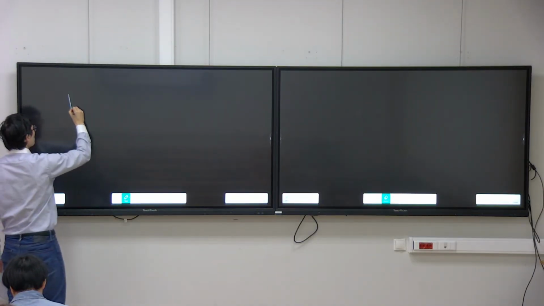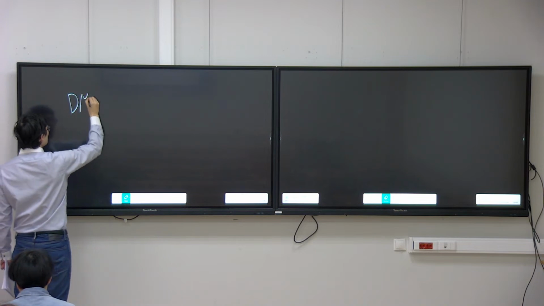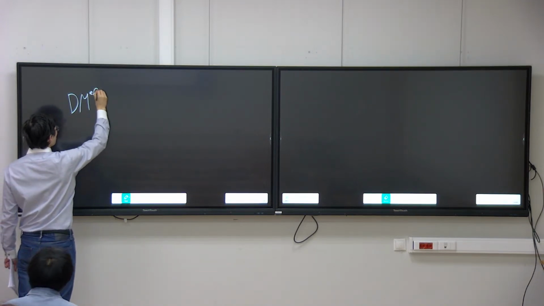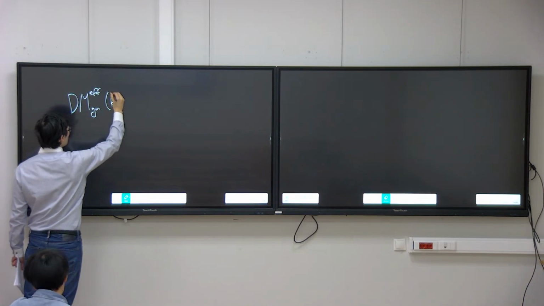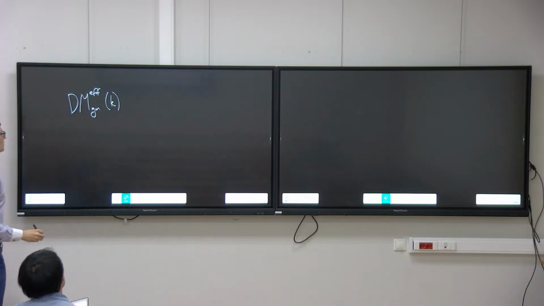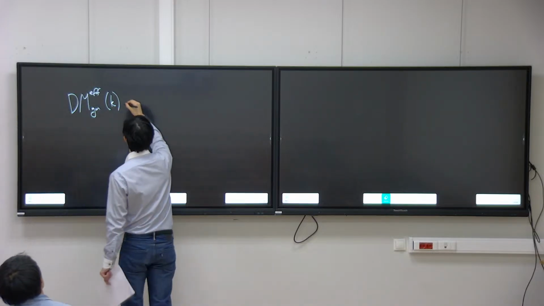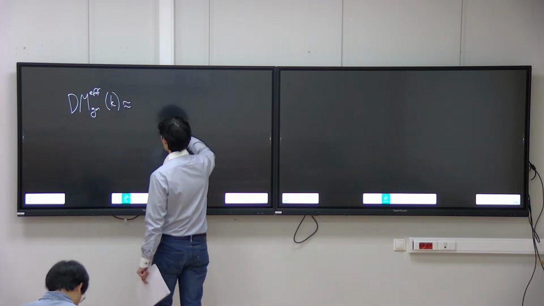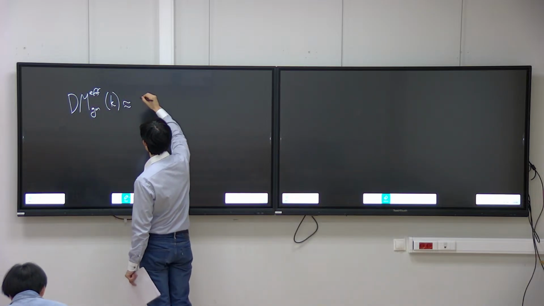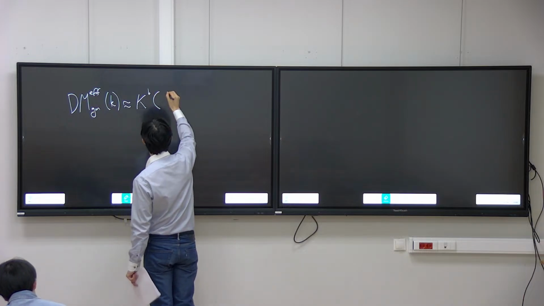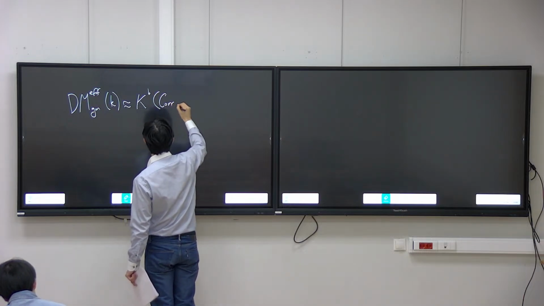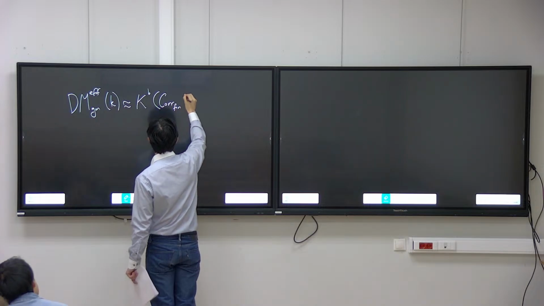Last time I defined this category, DM effective of geometric motifs. Roughly speaking, a down-to-earth definition would be chain complexes in the category of finite correspondences.